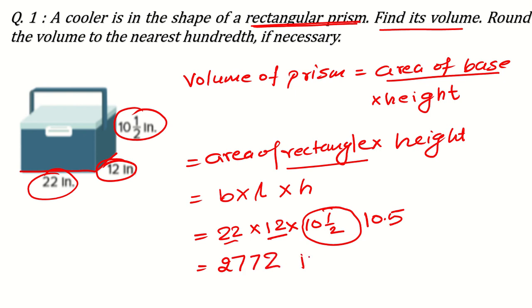What will be the unit? Unit will be inch cube, or you can write it as cubic inch. Unit is very important for you to write. Don't forget to mention the unit.